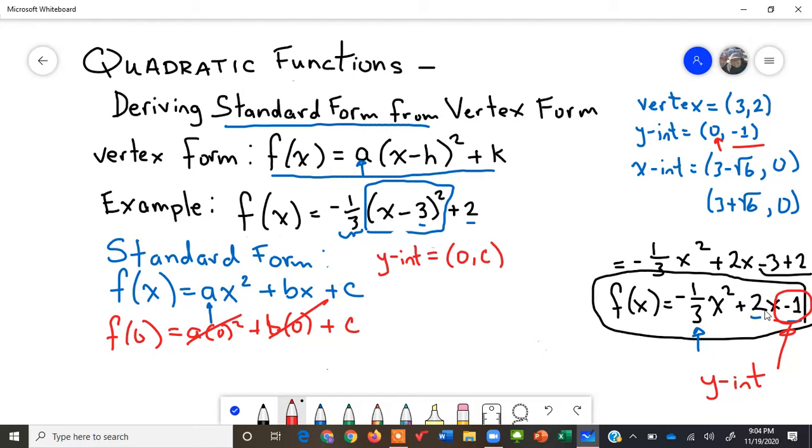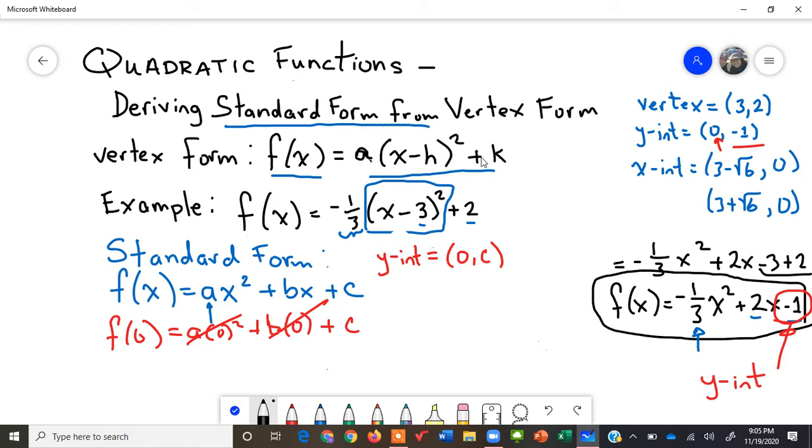Well, how are we going to find the vertex and the x-intercepts? Well, let's start with the vertex. And remember that the vertex has the coordinates (h, k). Let's now take our vertex form in abstract form here with the h's and the k's, h, k, and a.